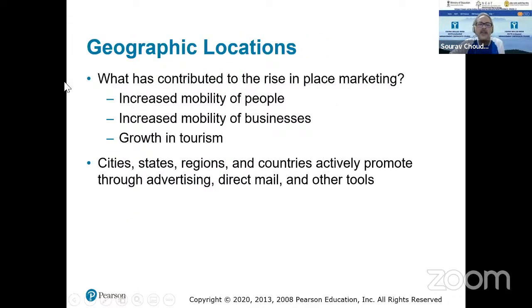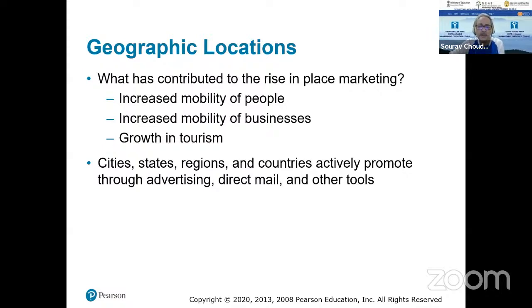Geographic location. What has contributed to the rise in place marketing? So, we all know tourism now. Tourism is doing havoc, of course. Every country is marketing tourism. Every country is making itself a brand. Every location is making it. Kerala, and you have a tagline for Kerala, God's own country. Kashmir.